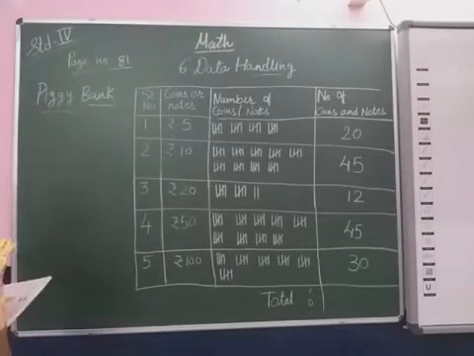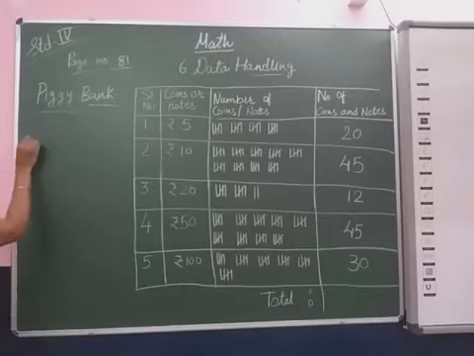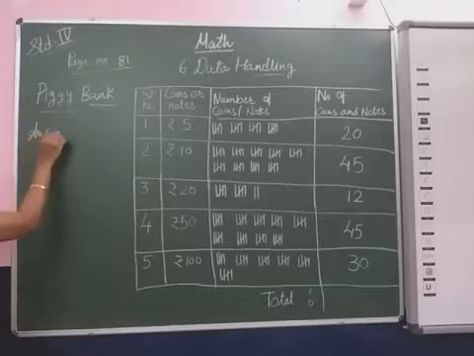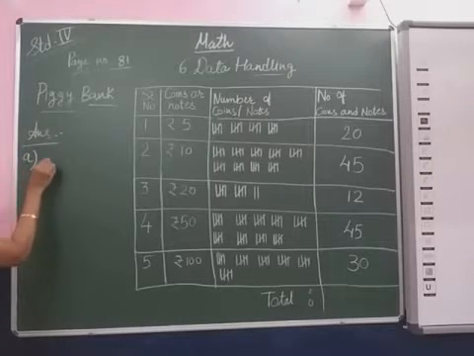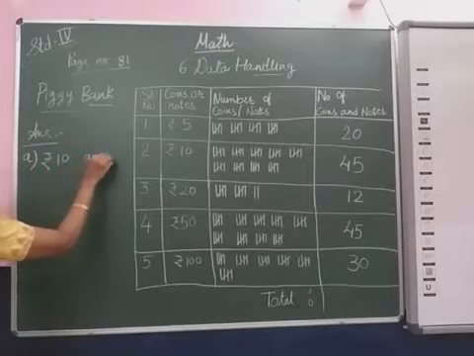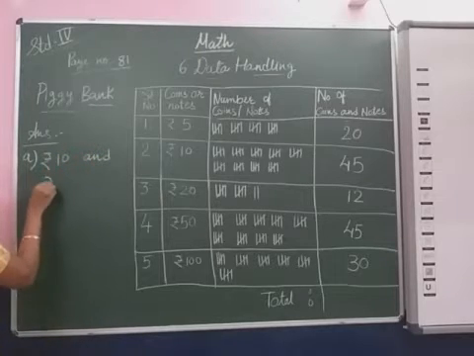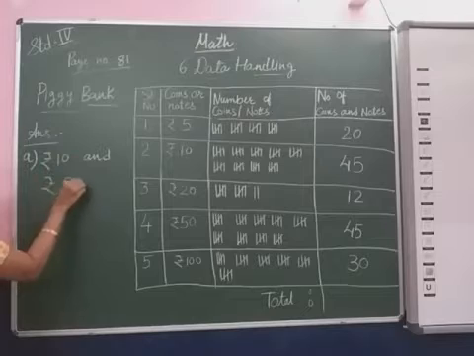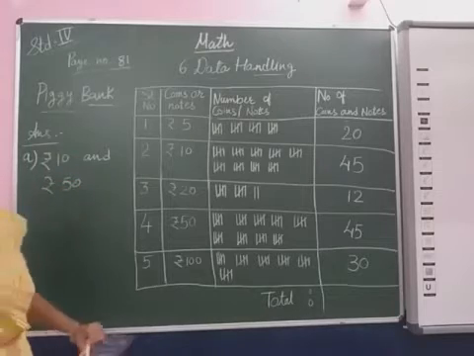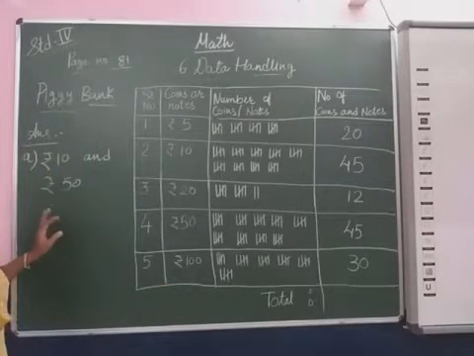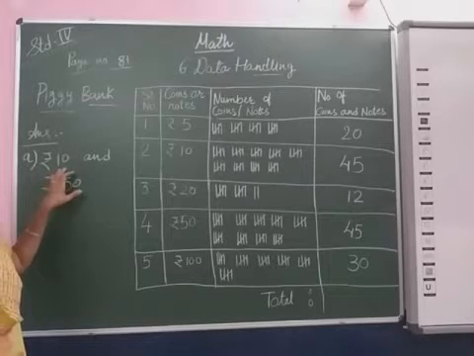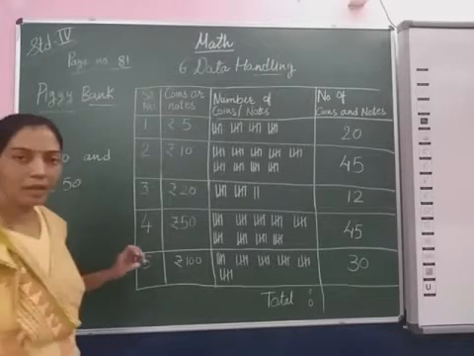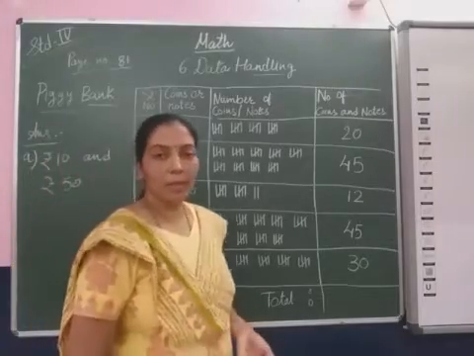So we will write here answer A: rupees 10 and rupees 50 note or coin. Now he is not getting a coin of rupees 50, but a rupees 10 coin is available, so it may be in his piggy bank.